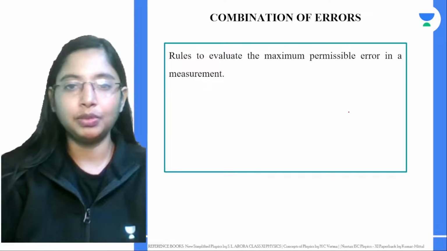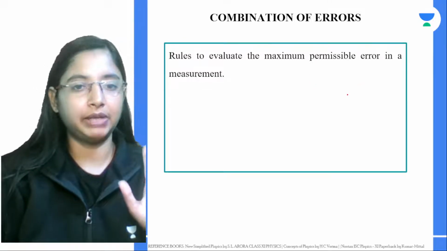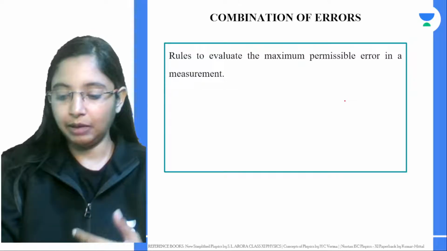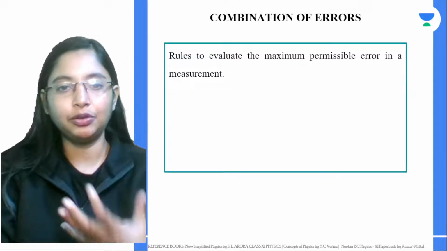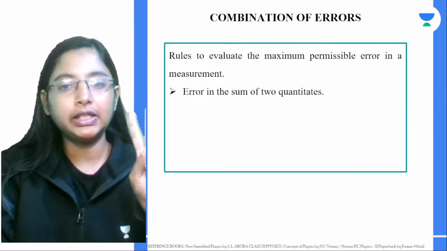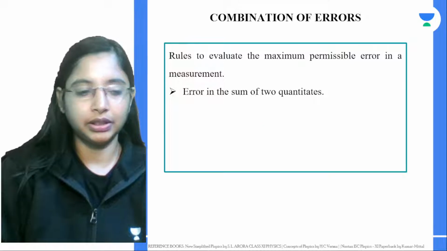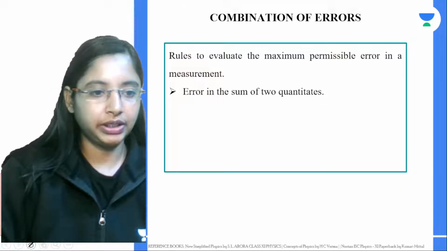Now, we can follow some rules to evaluate the maximum permissible error in a measurement. How much maximum error is allowed, right? For that you can follow some rules. One is, what is the error when two quantities are getting added?